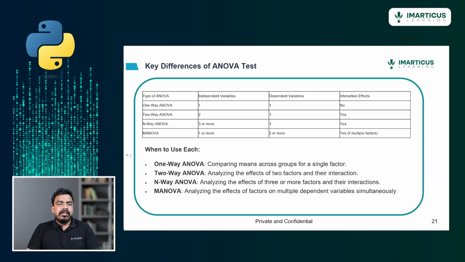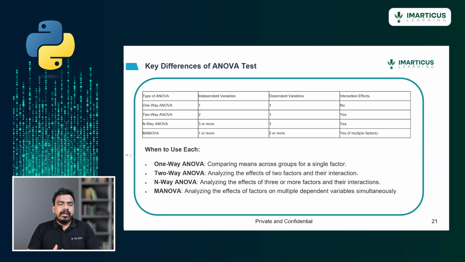In N-way ANOVA, there are three or more independent variables, one dependent variable, and yes, there is an interaction effect. In MANOVA, one or more independent variables, two or more dependent variables, and yes, there is an interaction effect if multiple factors occur.